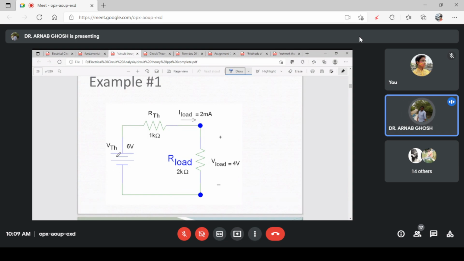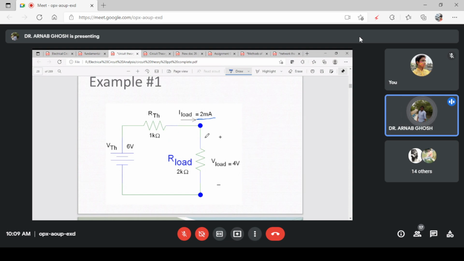Load current is VTH divided by RTH plus R load. So 6 divided by 1 plus 2, that is 6 divided by 3, that is 2 milliampere. Is that clear? The load current is equal to 2 milliampere.